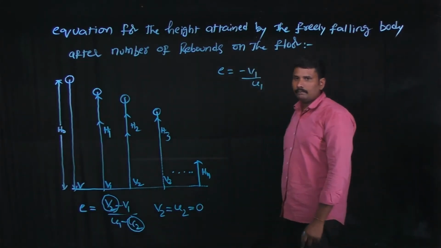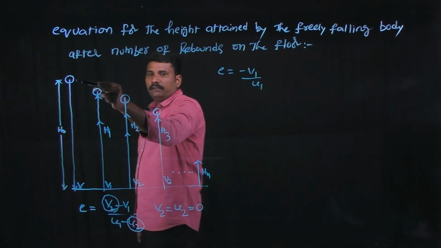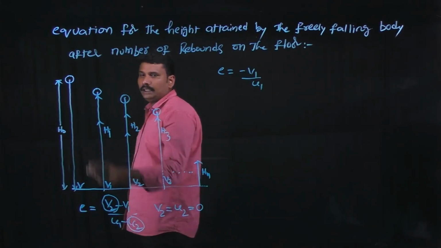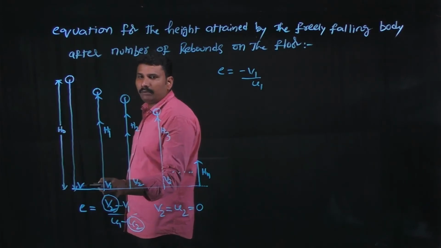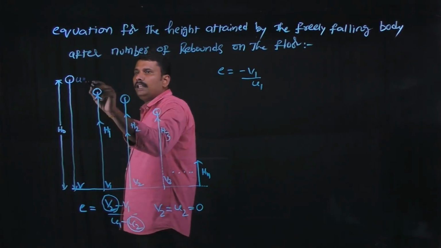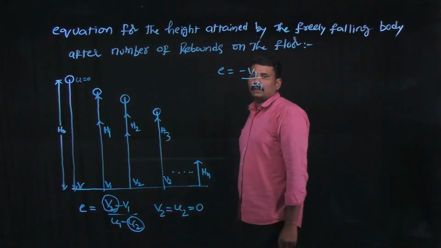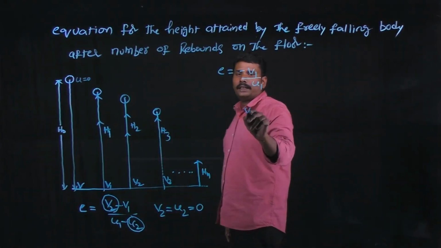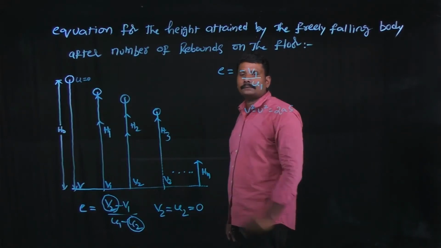Now the object falls from the height h0. On hitting the ground, it has some velocity. Initially the freely falling body has zero velocity, and we have the kinematic equation v square minus u square equals 2as.